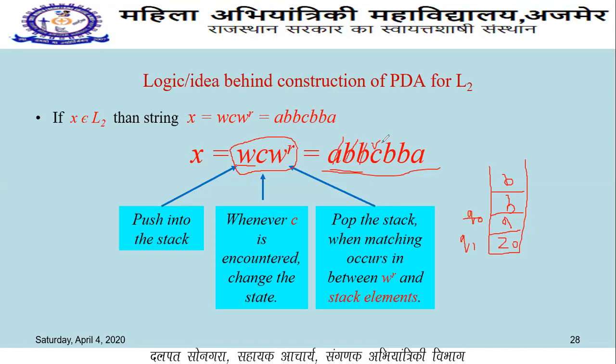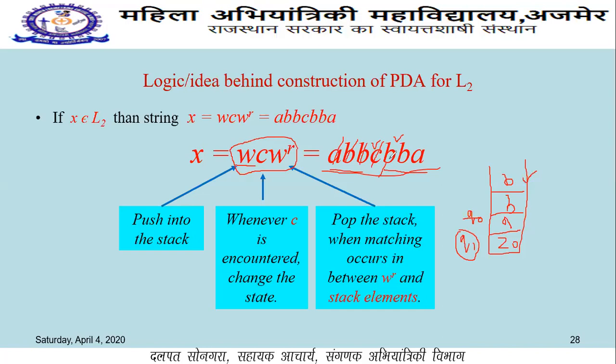After C is processed and the state changes from Q0 to Q1, now we read WR in the new state Q1. If the element of WR matches the top of the stack, then we perform the pop.